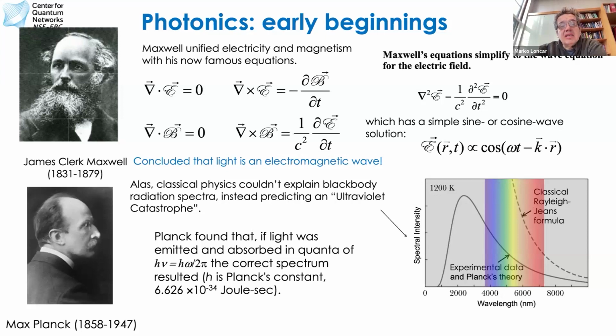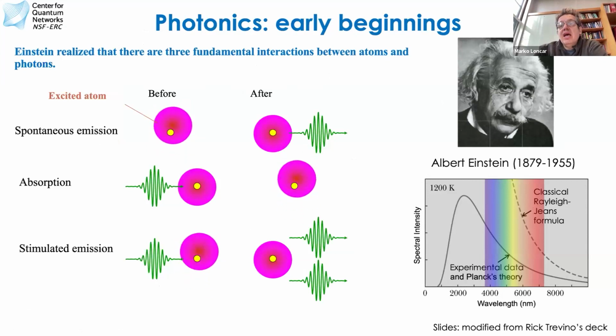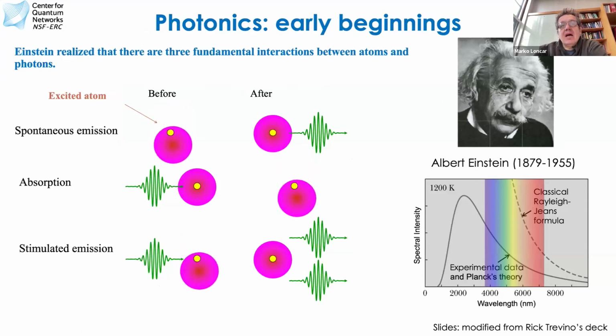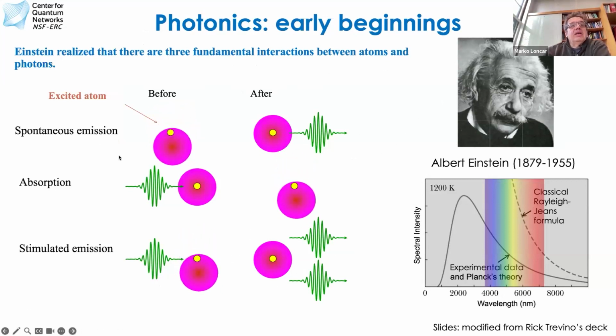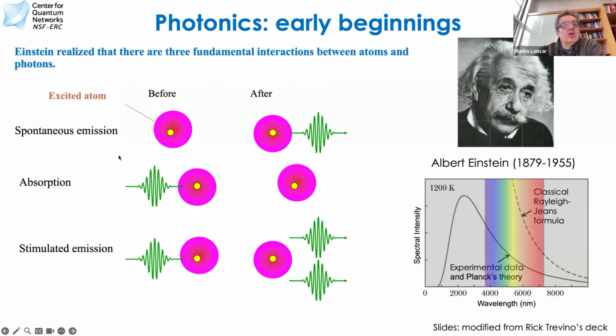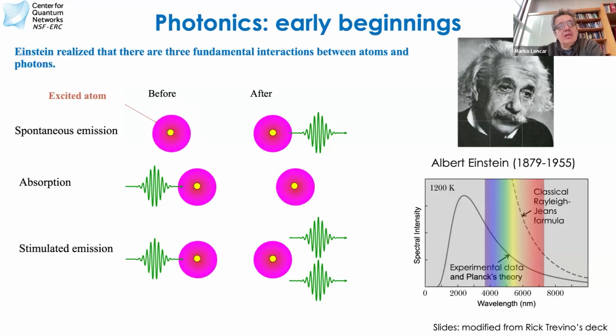So this was the birth of the photon, and furthermore, Einstein then extended these ideas and used them to describe the interaction between light and matter, namely emission and absorption of light.